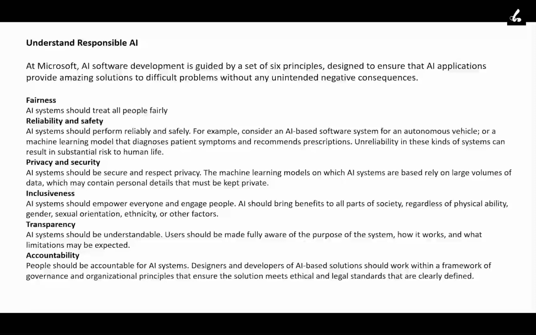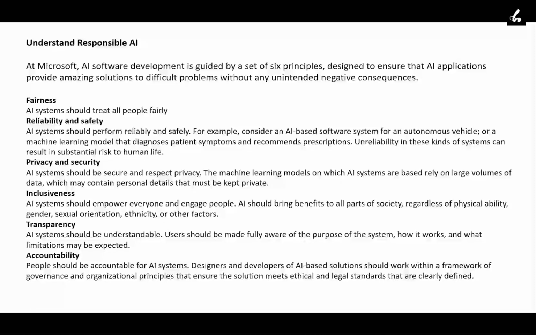The first one is fairness, like it should treat everyone fairly on an equal basis. Reliability and safety, AI should perform reliably and safely. For example, consider a software system for an autonomous vehicle or a machine learning model that can diagnose patient symptoms and recommend prescriptions.